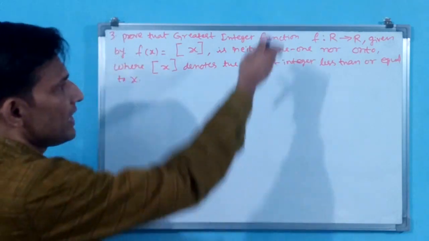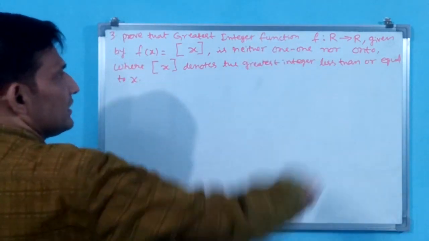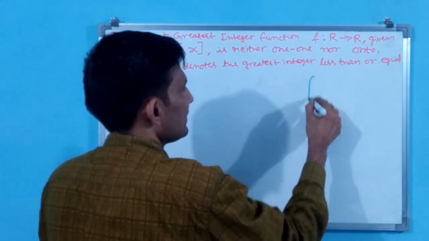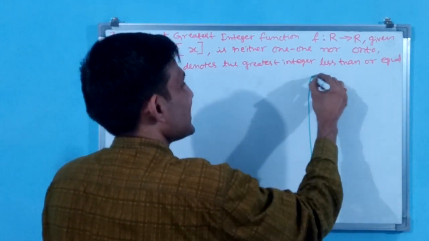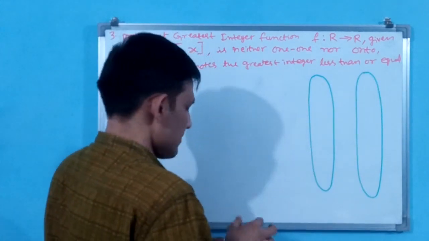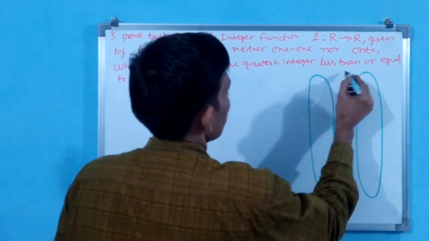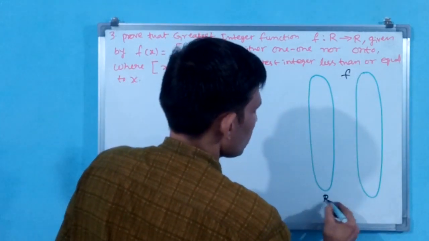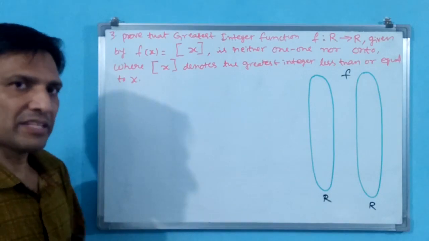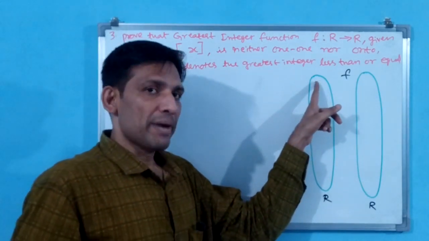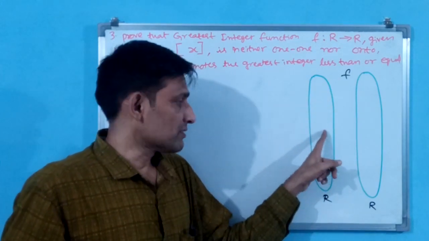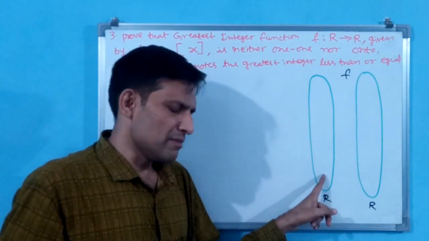Now, as usual, I am going to draw an arrow diagram. Real number to real number, and there is a function f in between, but both are real numbers. Real numbers means everything will be there: minus infinity to plus infinity, 0, negative integers, positive natural numbers, whole numbers.